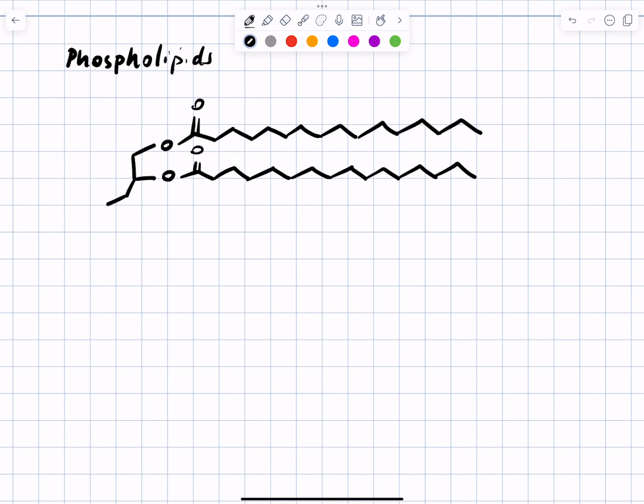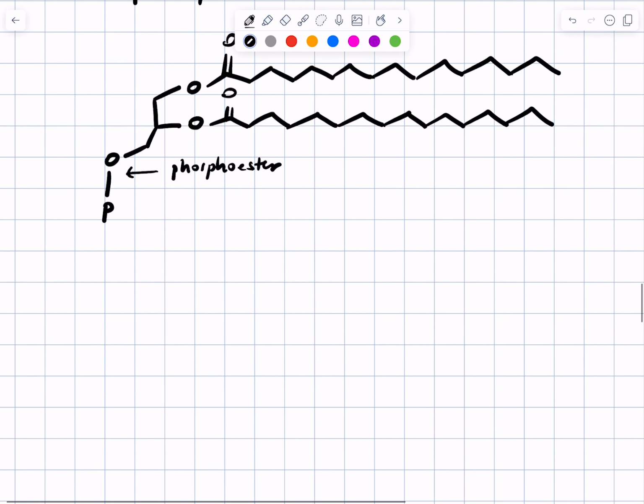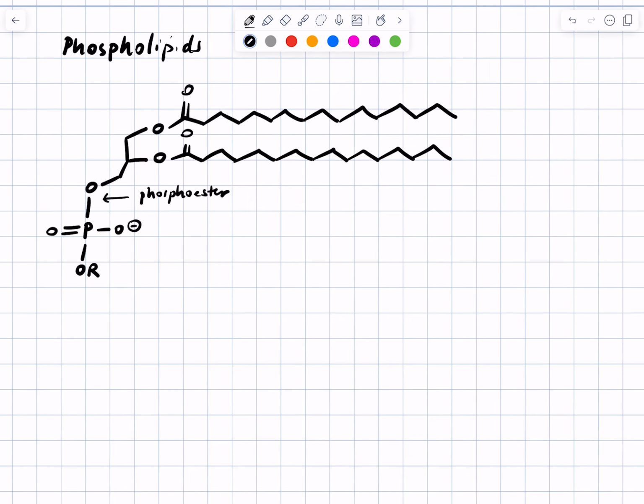And then the third oxygen is no longer an ester. Instead of an ester, it's now a phosphoester. A phosphoester linkage between the third oxygen of glycerol and a phosphate group. And I'm going to put an R here.